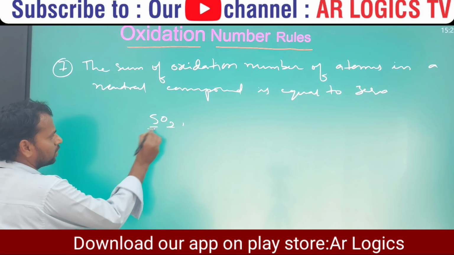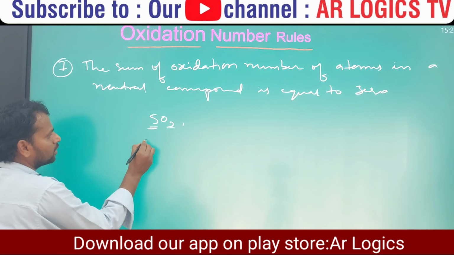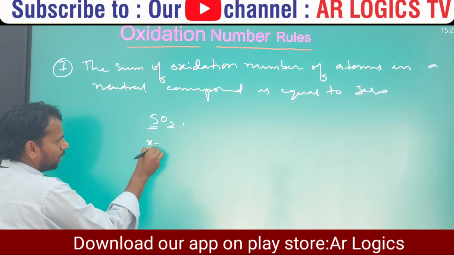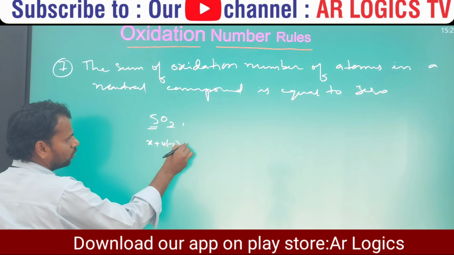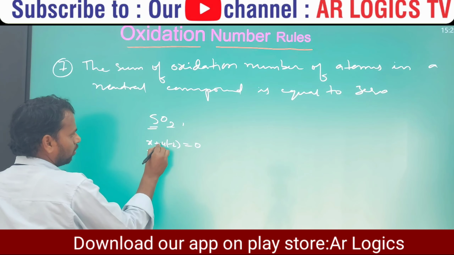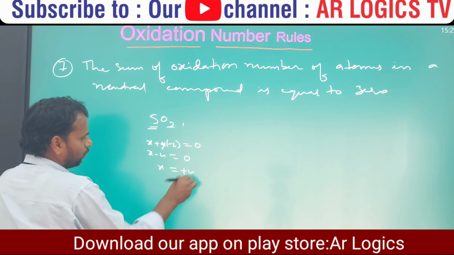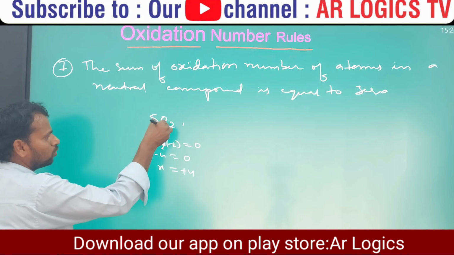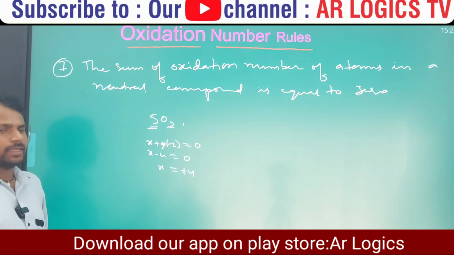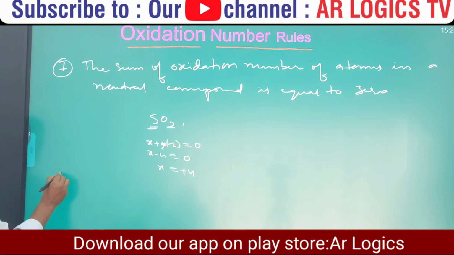Here sulfur is one atom, and oxygen has -2. So we write x plus 2 into -2 is equal to 0. Right now x minus 4 is equal to 0, x is equal to +4. Sulfur is +4, and two oxygens are -2 each, so -4. The sum is equal to 0. That is rule number 7.